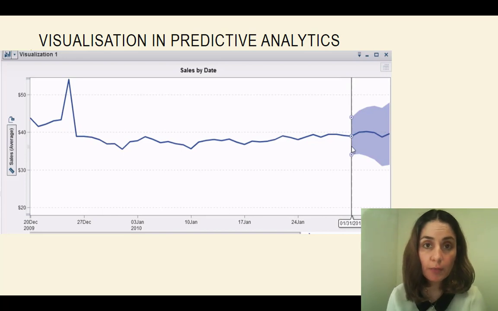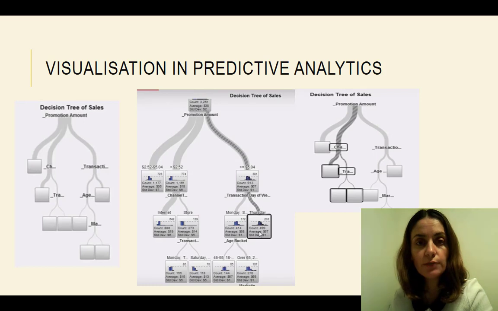Let's look at another capability of visual predictive analytics, that is the decision tree. By creating a decision tree, we can add some attributes to the tree model and employ a top-down approach. We can add attributes like age, brand, channel, and transaction day. The algorithm selects which attribute to test at the root node of the tree.